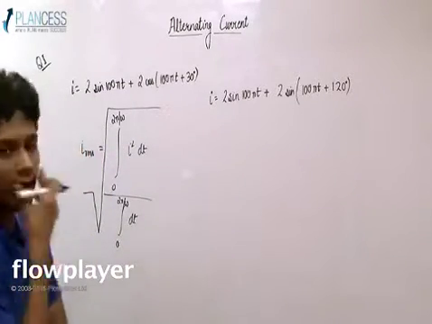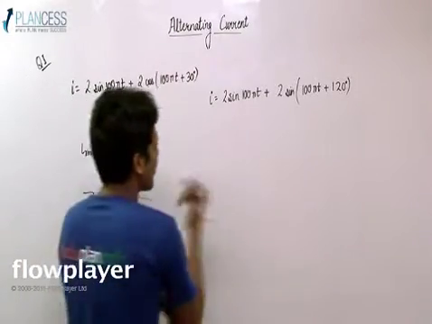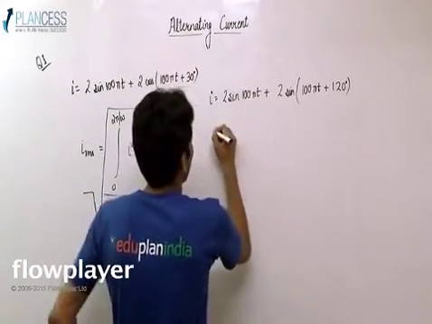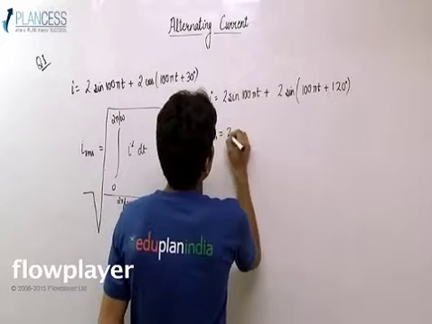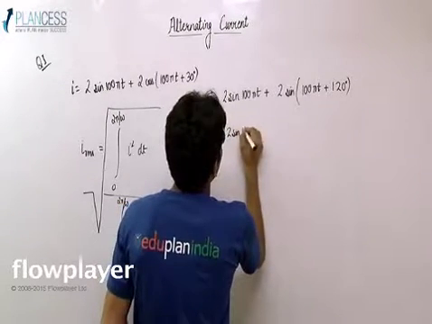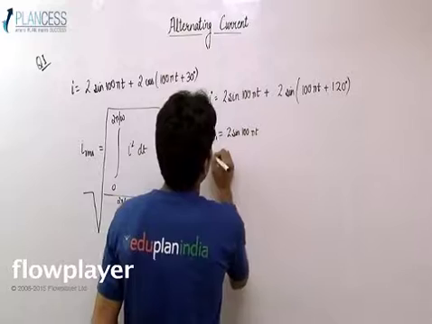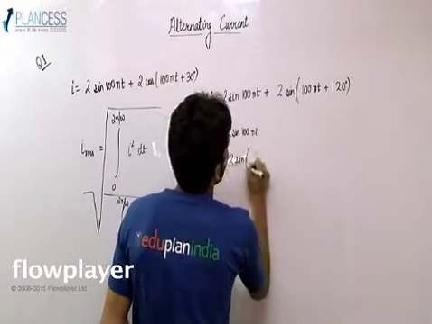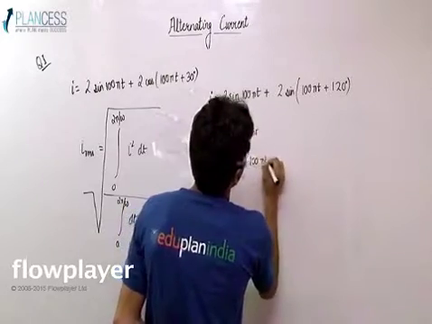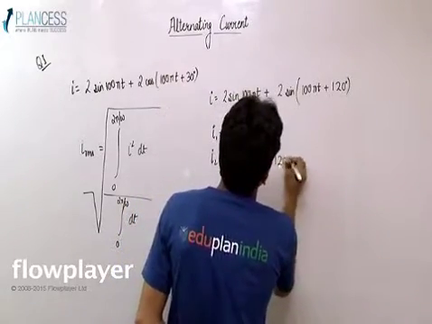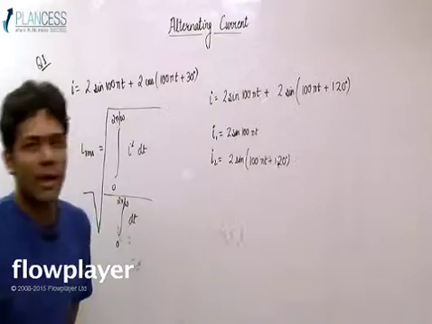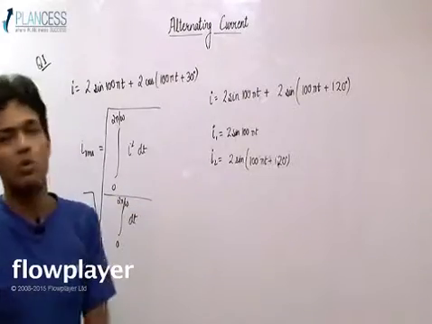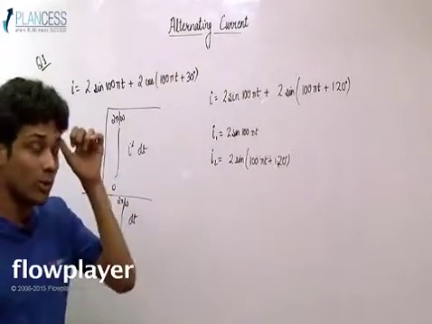So what I can do is, I can consider an I1, which is equal to 2 sine 100 pi t, and I can consider an I2, which would be 2 sine 100 pi t plus 120 degree.